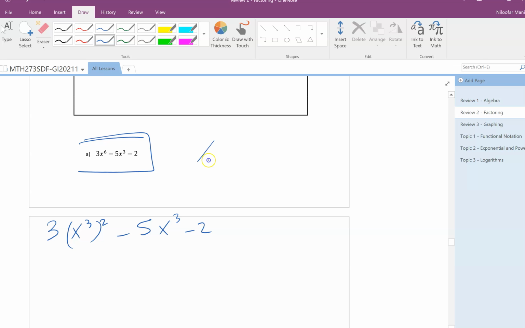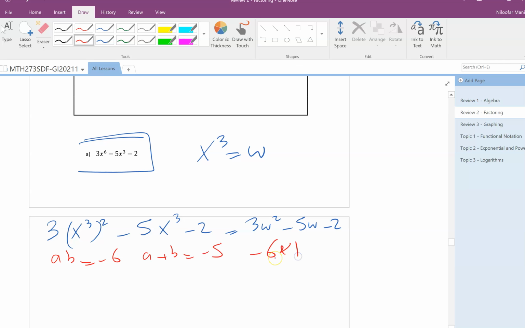Okay, so I can change x to the power 3 to w. So this is 3w squared minus 5w minus 2. And then I can factor. When I factor, I am looking for two numbers. If I multiply them, minus 6, if I add them, minus 5, so minus 6 and 1.